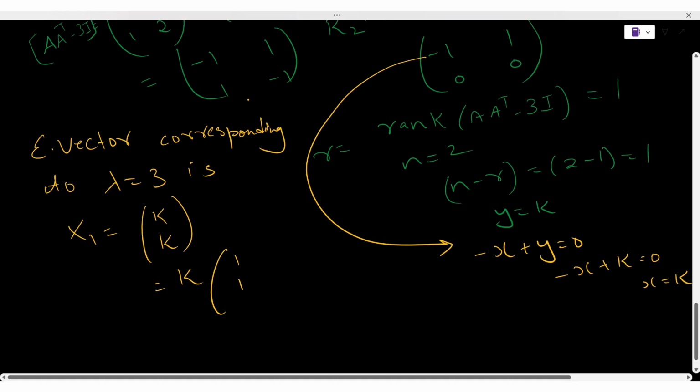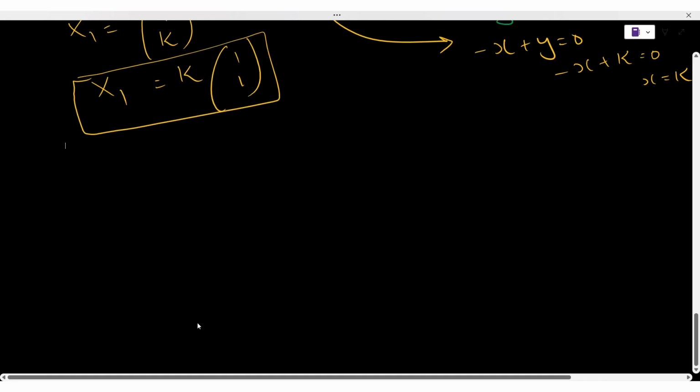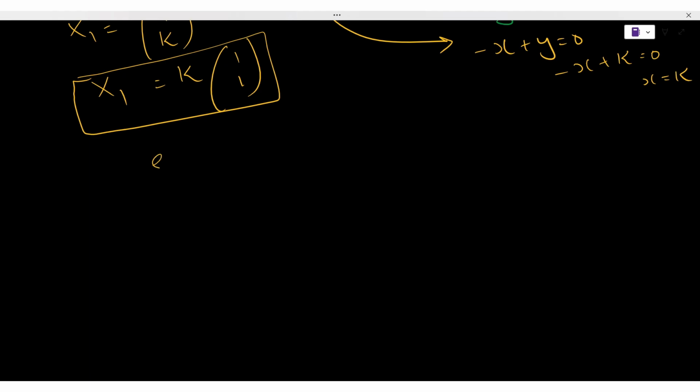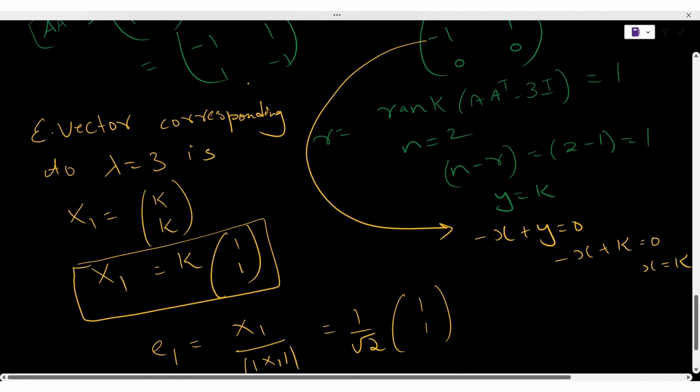K if you take common 1 comma 1. This is x1. Calculate the orthonormal vector, that is E1 is equal to x1 by norm x1. You will get 1 by root 2 times 1 and 1. So we got E1. Similarly calculate for lambda equal to 1.